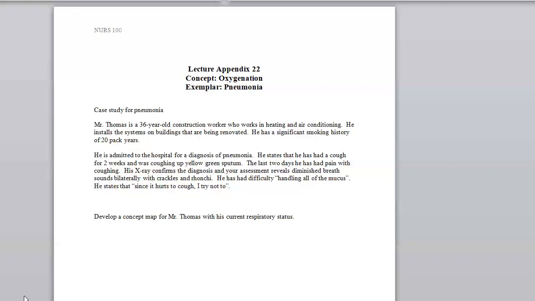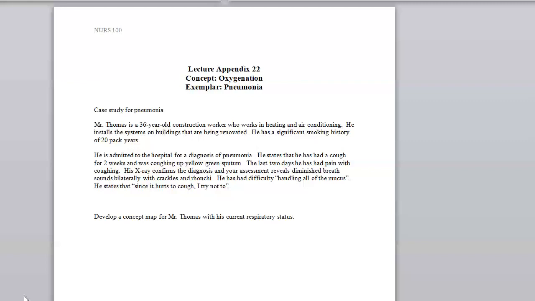Along with the cough, he has pain with coughing, okay? So the patient problem is he's been coughing for 2 weeks. His breath sounds are representative of adventitious sounds such as crackles and rhonchi, pain with cough, and again that yellow-green sputum.